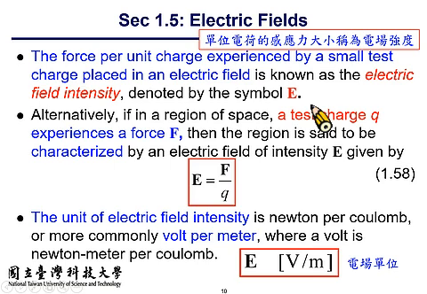So electrical force is a vector or a scalar? A vector. Charge is a scalar or a vector? A scalar. Oh, sorry. F is a vector. Q is a scalar, and E is a vector. Great.